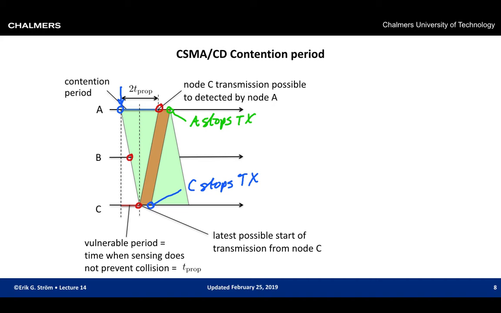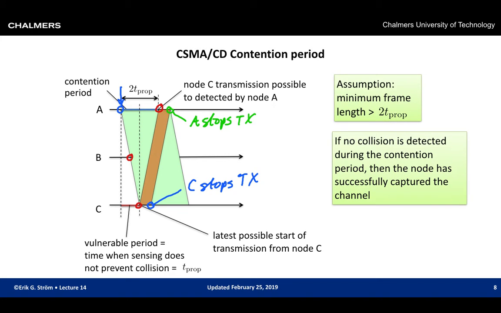So to summarize, for this analysis to hold, the assumption is that the minimum frame length is 2 T-prop. Because if the green frame here ends before 2 T-prop, it will never be able to detect that there was a collision, because then there is another frame coming a little bit later, and A will not transmit at the same time as it receives a frame from the other side.